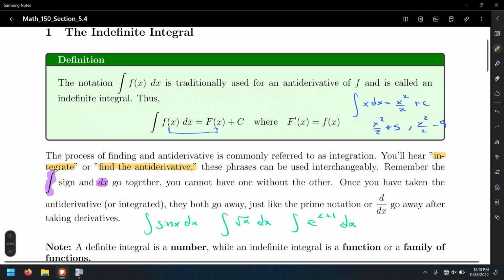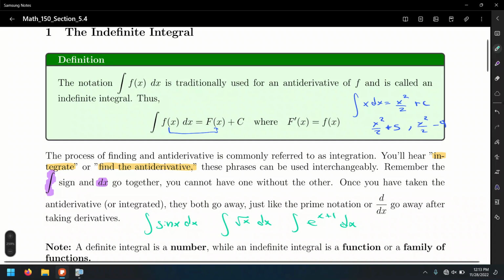If you're missing the dx, it's technically wrong because here we're integrating the function sine with respect to x. We need to specify the variable in which we are integrating.